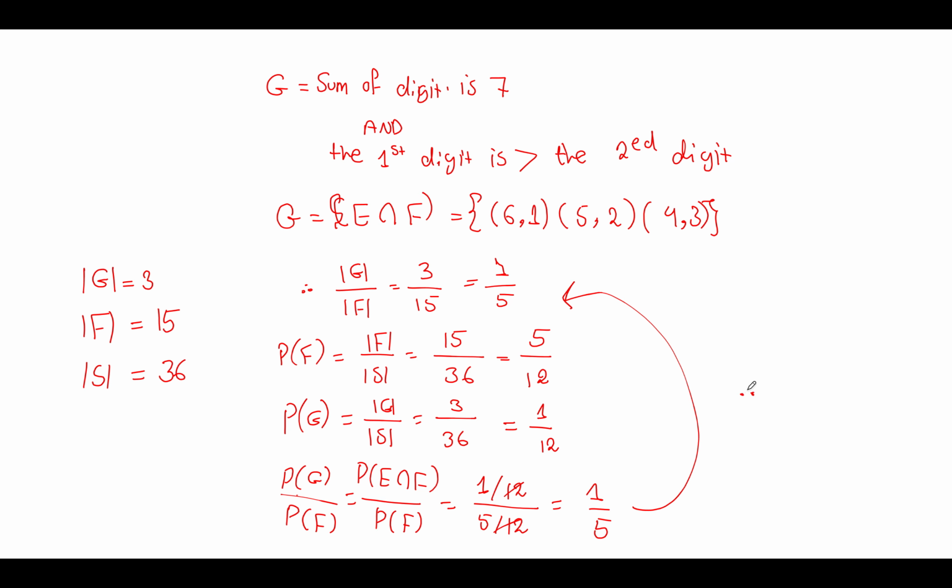So from here, we can see that the probability of E given that F is equal to the probability of E intersect F over the probability of the first event that happened.